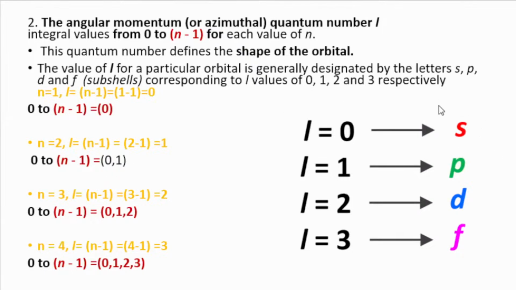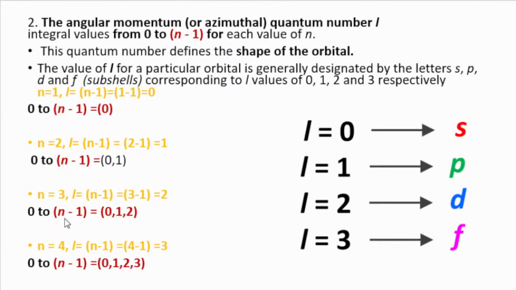That means it contains S and P shape of orbitals. For n equal to 3, n minus 1 is 2, that means 0, 1, 2. Three subshells can be present as S, P, D. If n is 4, it contains 0, 1, 2, 3. There are 4 subshells.